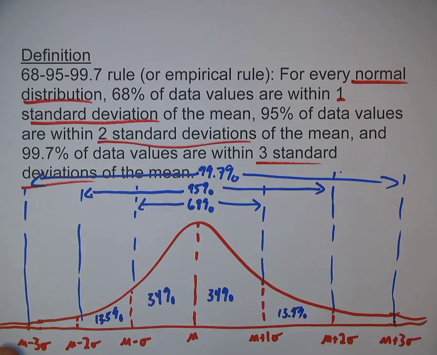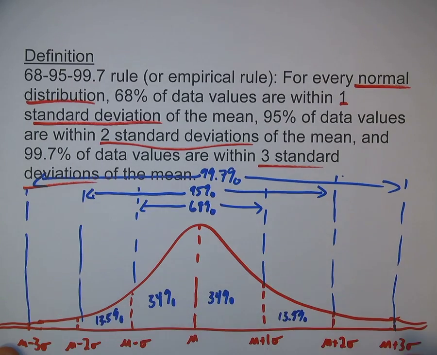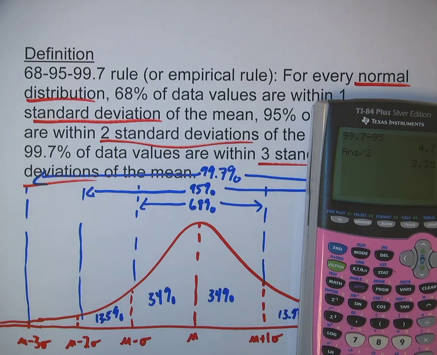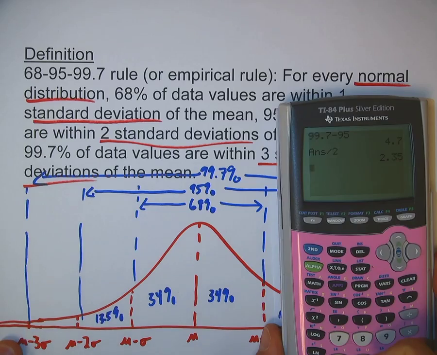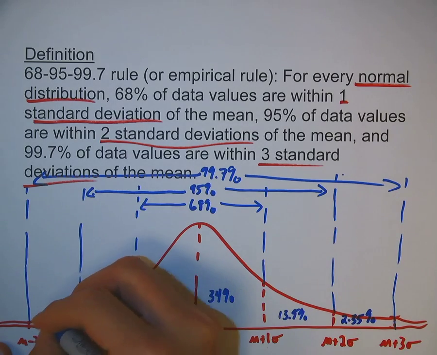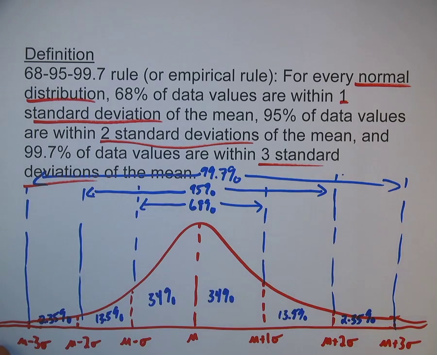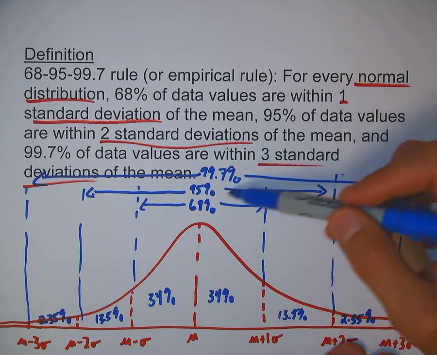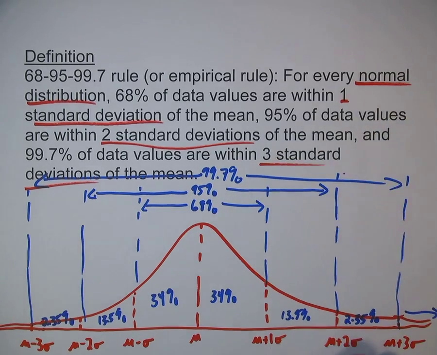Okay, and then I can do the same thing for that region and that region. So we'll take now 99.7 minus 95, divide that by 2, and we end up with 2.35%. So that goes here, and 2.35% here. Okay, and then finally this region over here, that's going to be outside of three standard deviations. So really it's going to be 100% minus 99.7%.